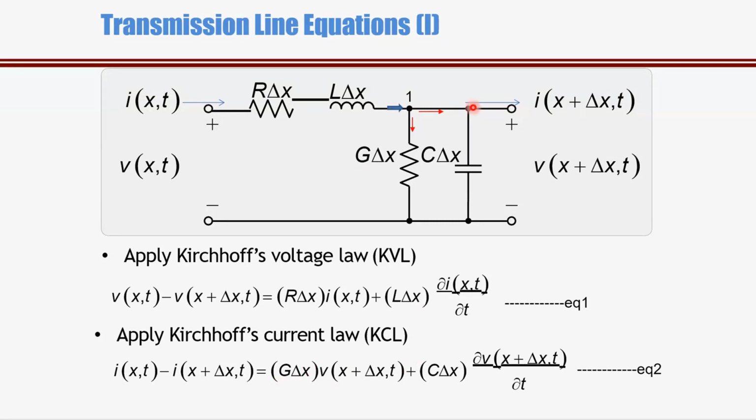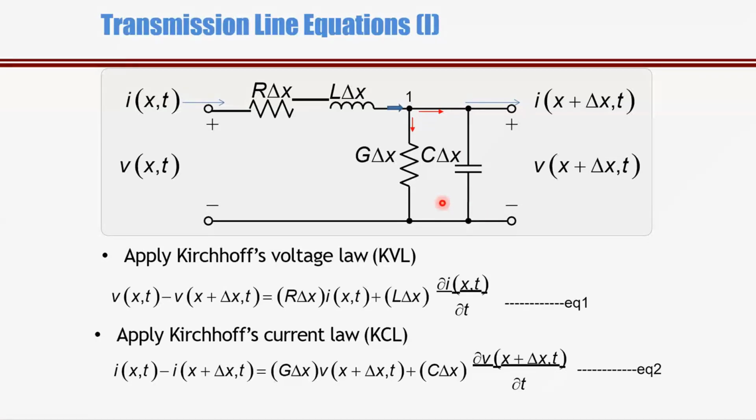At this side, what is the voltage available? V x plus delta x comma t is the voltage available across G delta x. So the current through this branch is G into delta x into V in bracket x plus delta x comma t, plus what is the current through the capacitor?